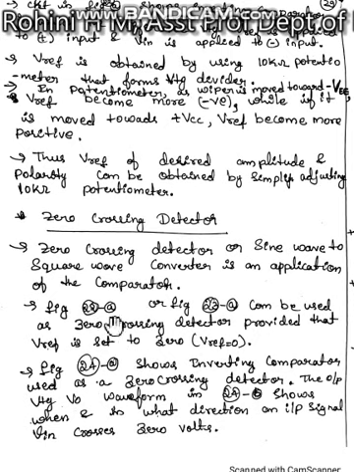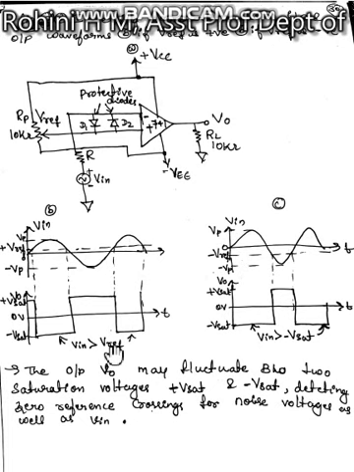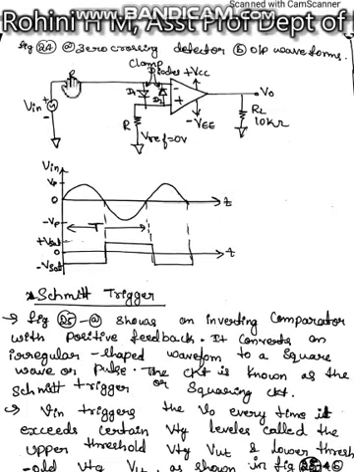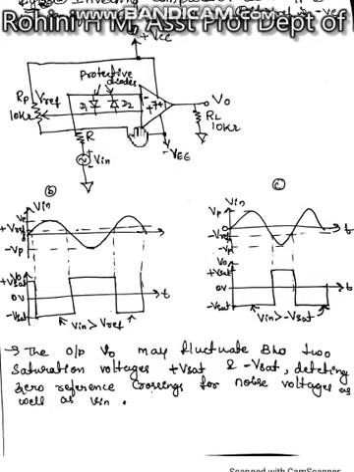Figures 2.22a and 2.23a are used as zero crossing detectors. Here it is an inverting input, and here also it is an inverting input only.